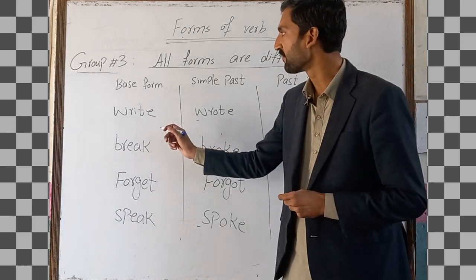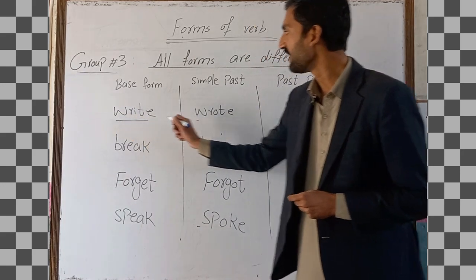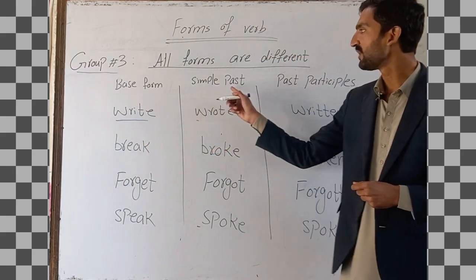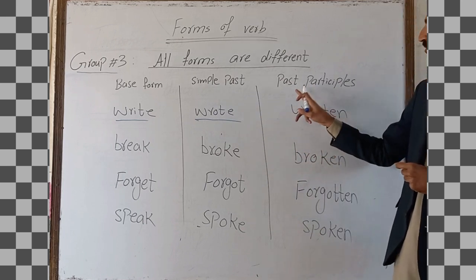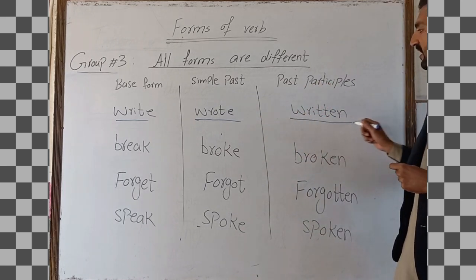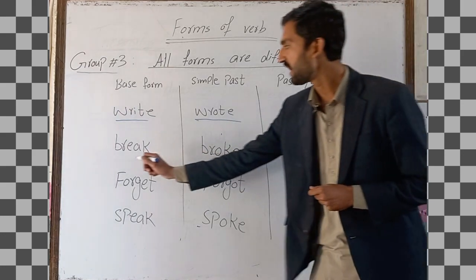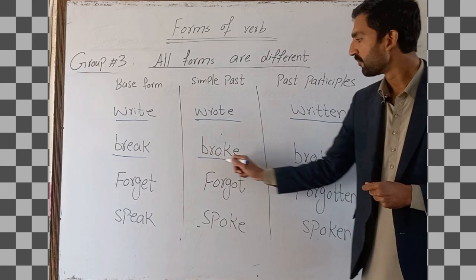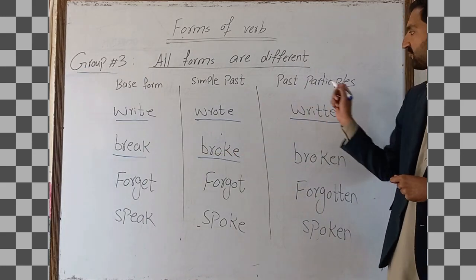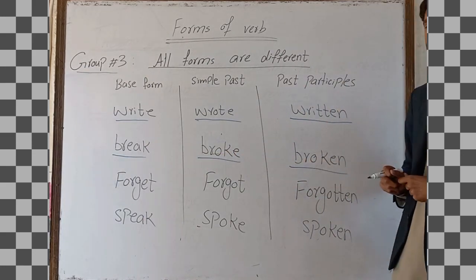In the first example, we have write. When we move it to simple past, it is wrote, and when we move to past participle, it is written. Next we have break. In simple past, broke, and in past participle, broken.